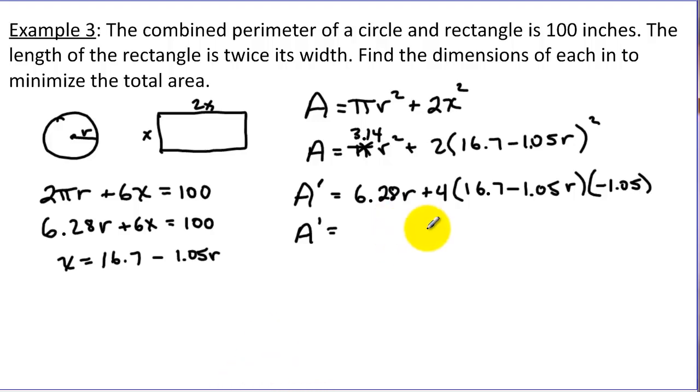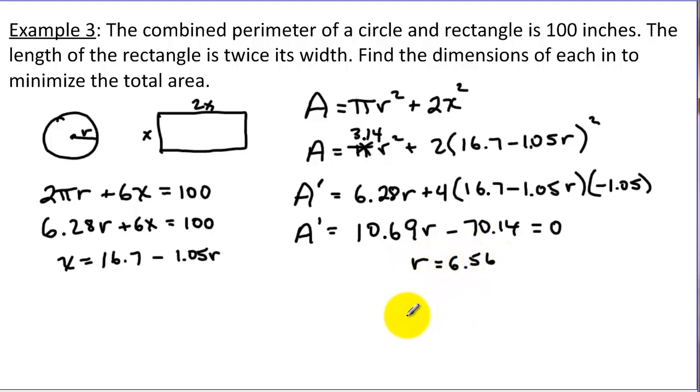I get 10.69 r minus 70.14. So I just used the distributive property here, combined like terms, and now I need to find my critical value, so I'm going to set that equal to 0, and I get r equals 6.56.